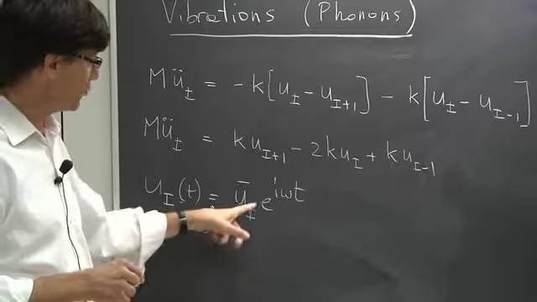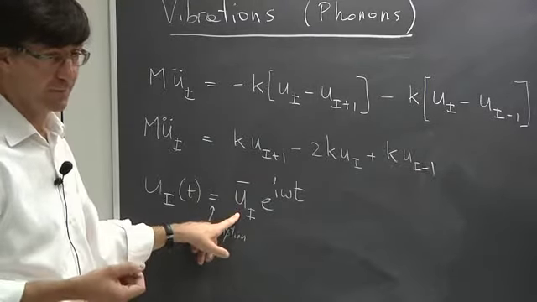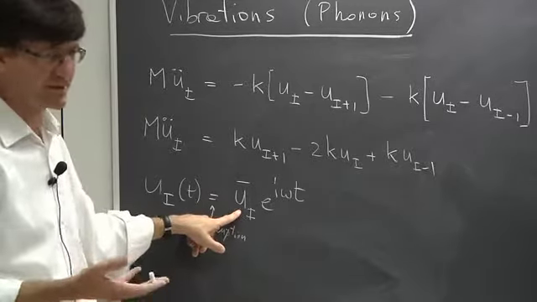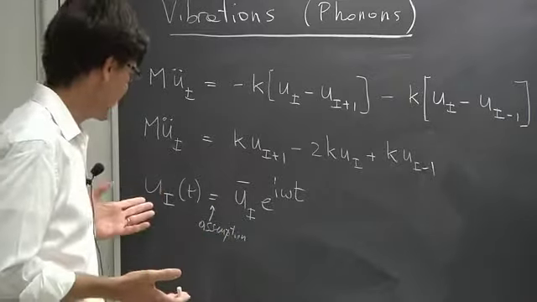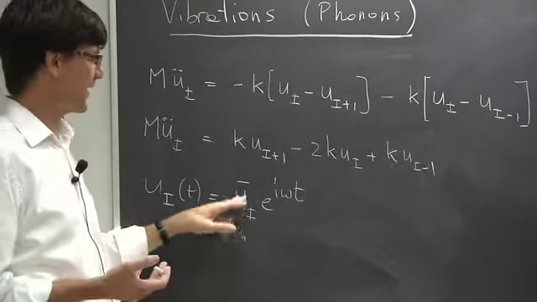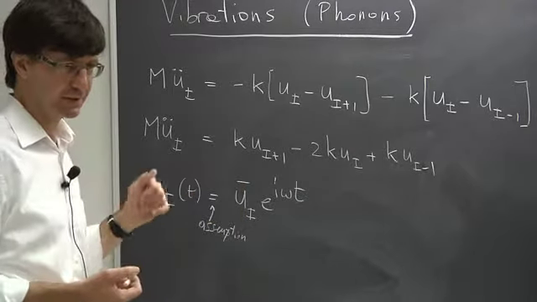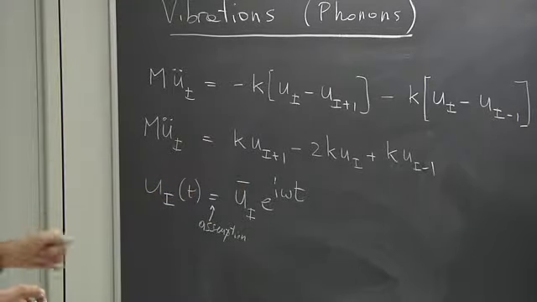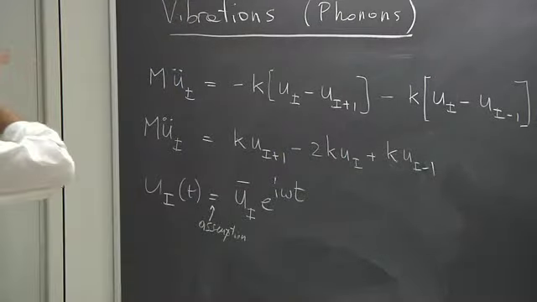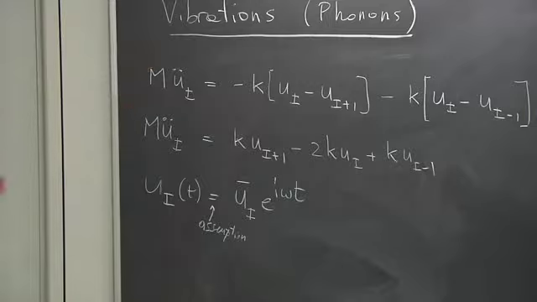So I'm assuming that ū can be a complex object. In principle, this is an imaginary number. This is a complex number, right? So what is the meaning of a complex displacement? Whenever I write something like that, I always mean the real part of it. Since these are linear equations, I can always assume that there is a real part of everything somewhere to the left.